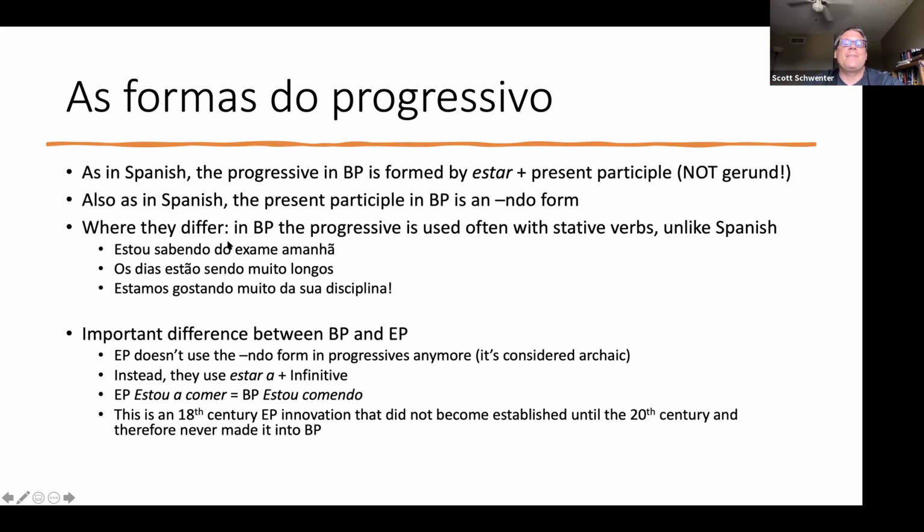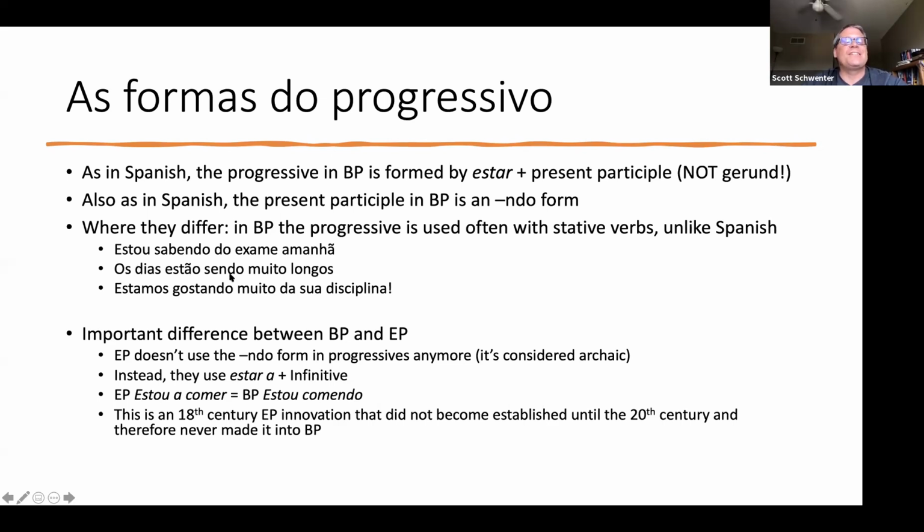But there's a difference in that in Brazilian Portuguese, the progressive is often used with stative verbs, unlike in Spanish. So you can say something like, estou sabendo do exame amanhã, right? Estoy sabiendo del examen mañana. It's not impossible in Spanish, but man, you'd have to have a really, really special context for that to work, right?